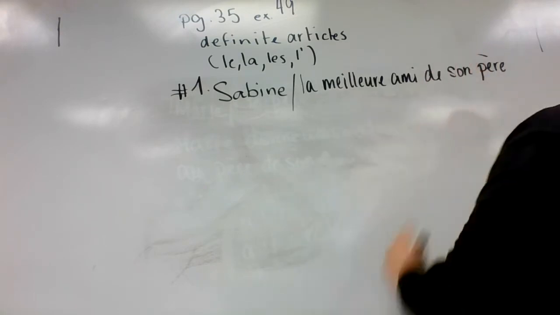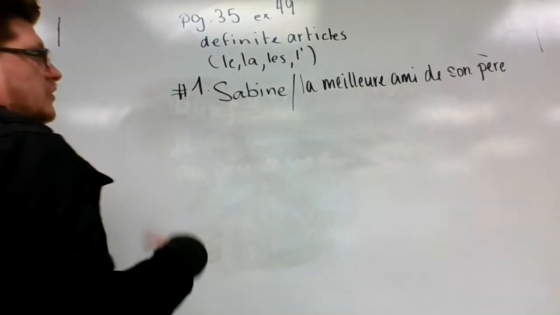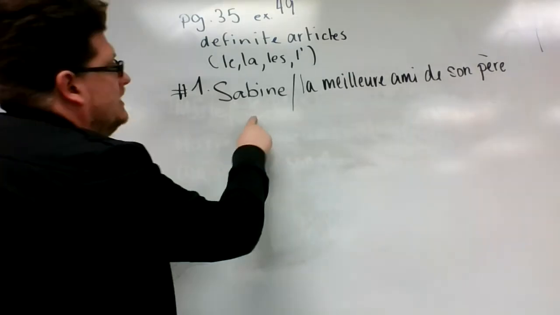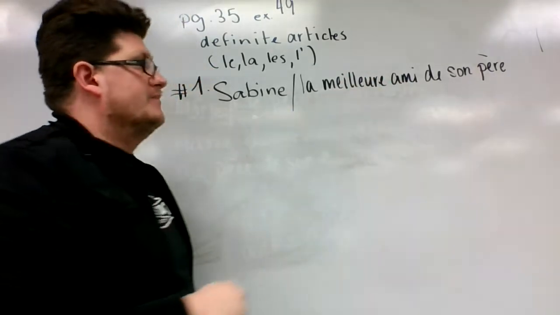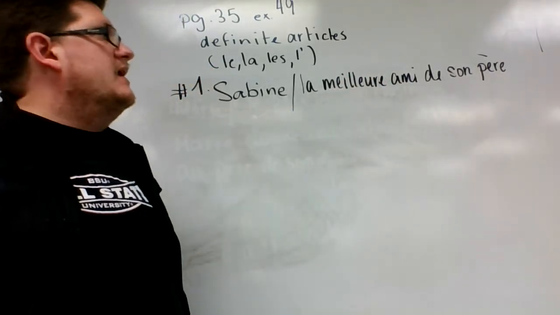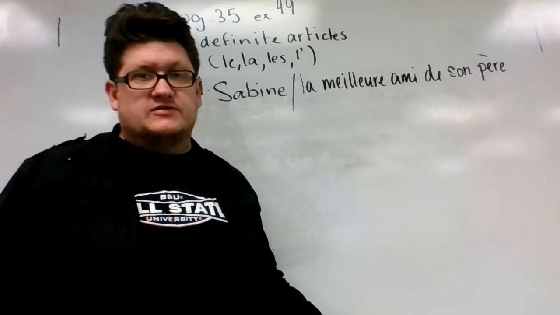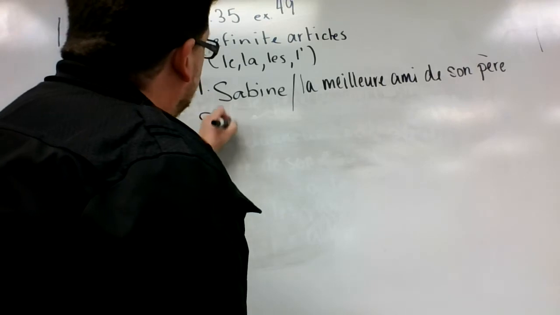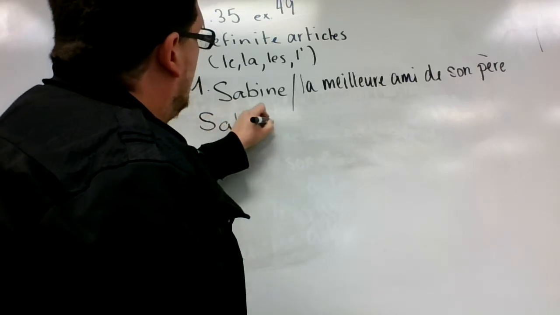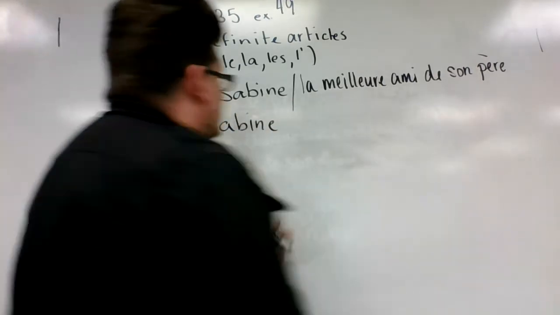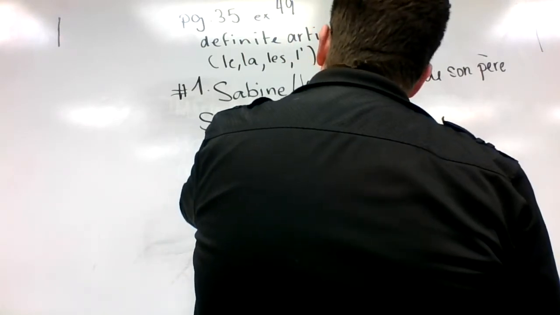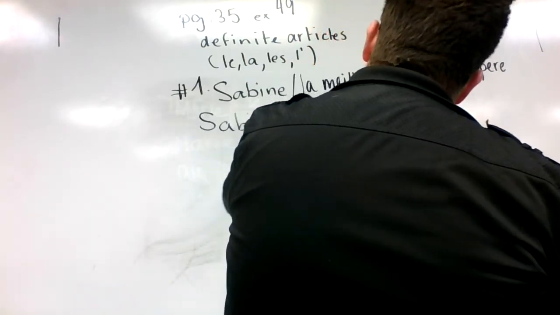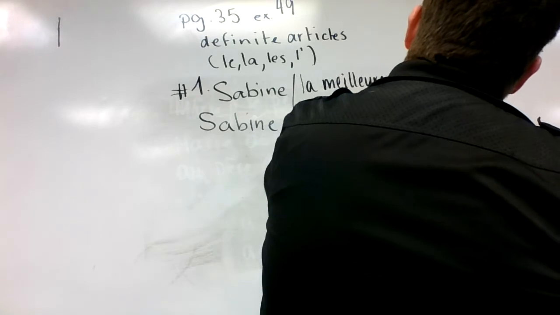So this is how your sentence number 1 will go: Sabine slash la meilleure amie de son père. So Sabine and then the best friend of her father, her father's best friend. We take my subject, Sabine, and insert my give a gift. Again, they will all use this: donne un cadeau. Gives a gift.